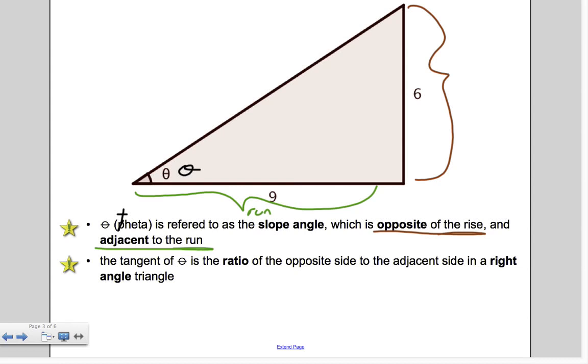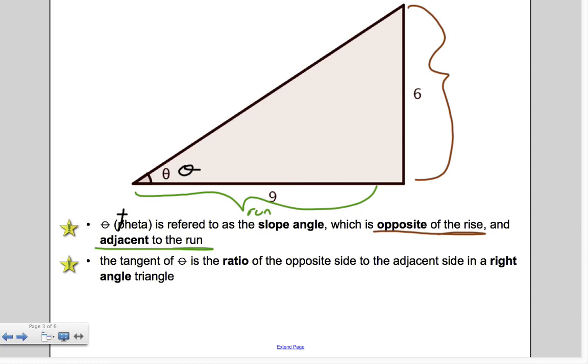So I want to clarify a little bit about the terms opposite and adjacent. When we look at this angle theta, we look not at the angles, but the sides. So what is the side that's opposite of theta? Well, we don't want to talk about the hypotenuse yet, because we're just talking about rise and run, the shorter lengths of the triangle.